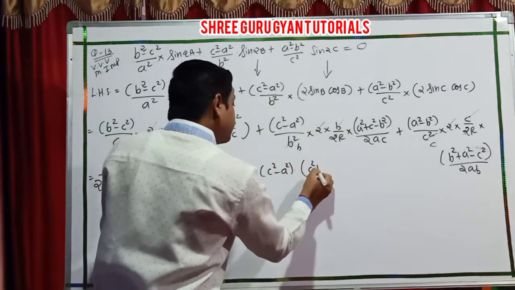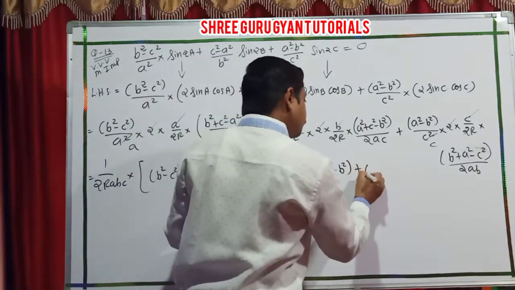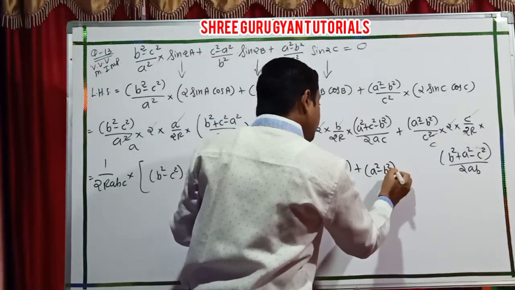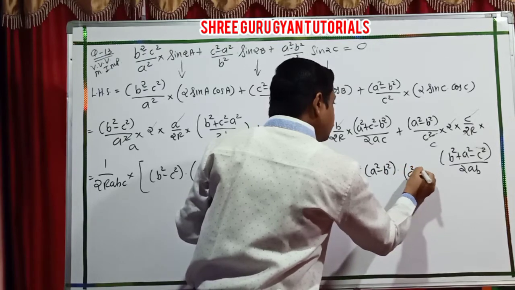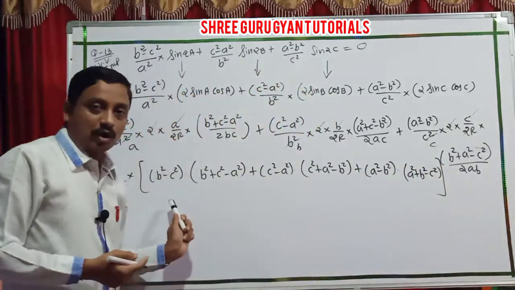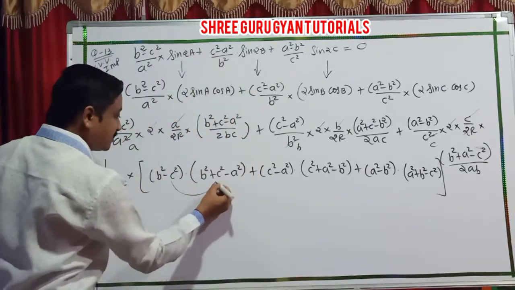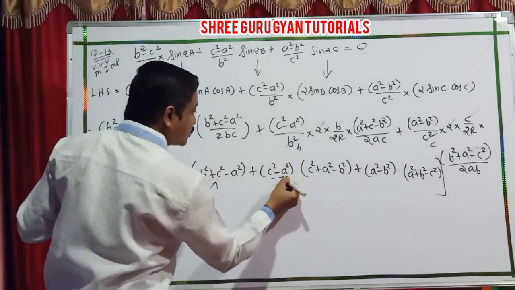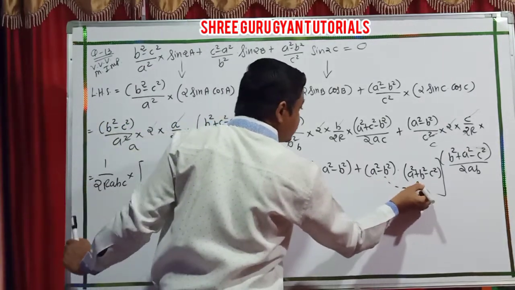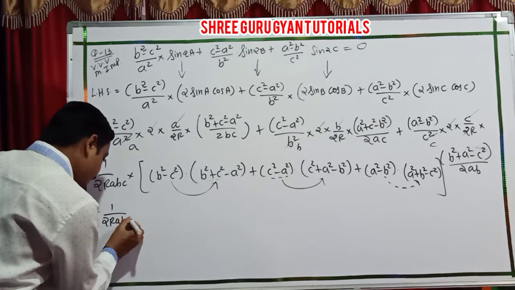Here also C square plus A square minus B square, and last, A square minus B square with A square plus B square minus C square. And here students, these steps I already explained in the 12th sum. So these are multiplied, these 2 combined, same these 2 combined multiplied, same this multiplied. So you get only 1 by 2R ABC.